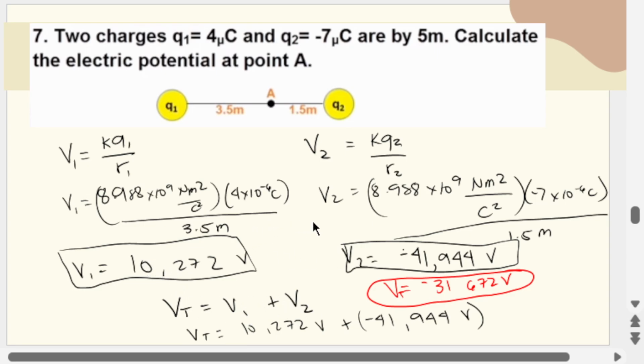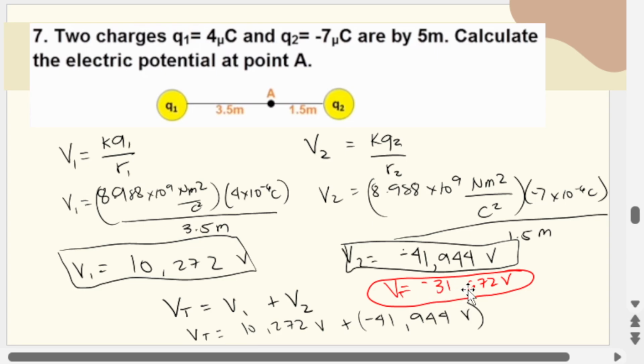This is why I told you that the charge matters here. Positive charge, then positive potential. Negative charge, then negative potential. So if we add them, 10,272 plus the negative 41,944, you will have a total potential of negative 31,672 volts.